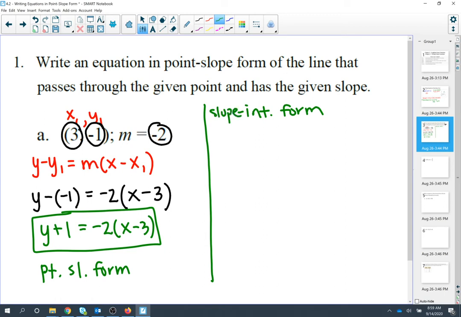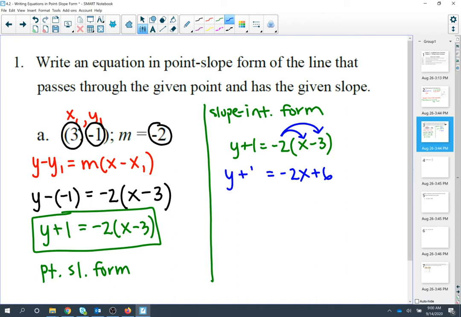So we're going to take y plus 1 equals -2 times x minus 3. And slope-intercept form says it has to say y equals. So the first thing we're going to do is we're going to distribute to get rid of our parentheses. So we're going to have a -2x plus 6. Then I'm just going to drop down my y plus 1.